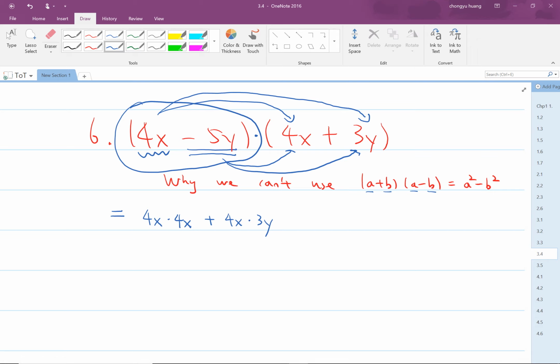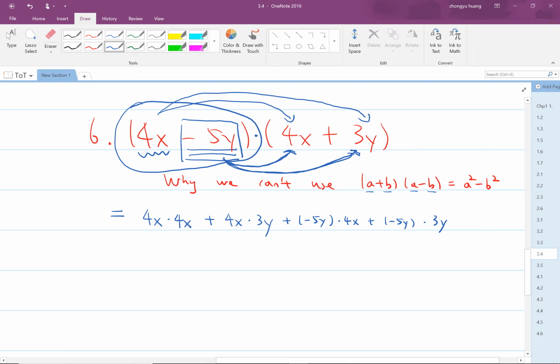Since we already did everything for 4x, we should do something for negative 5y. As I said before, negative 5y has to multiply with 4x and also with 3y. So we have a plus, and you put negative 5y inside the bracket, multiplied by 4x, and then negative 5y in brackets multiplied by 3y. Now you get all the terms.